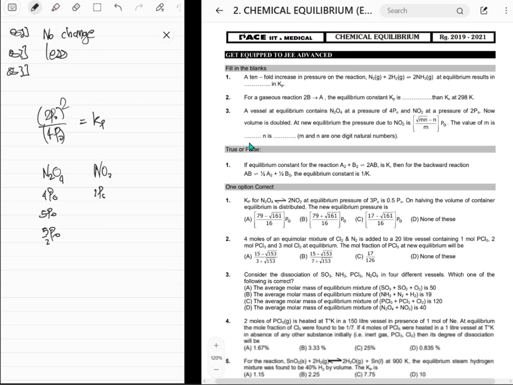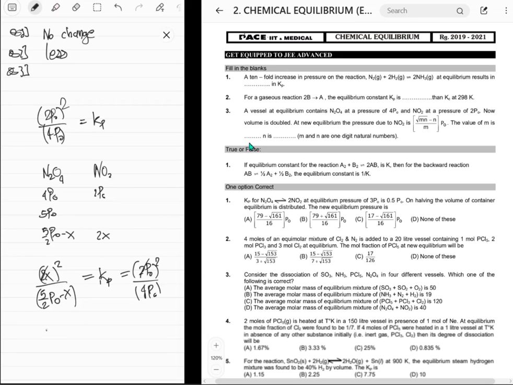And then from it, some pressure leaks out. So minus X, and now we got 2X over here. So 2X squared upon 5 by 2 P naught minus X is Kp. Right, and Kp is the same thing as just 2P naught squared upon 4P naught. So we can cancel this 2 out.